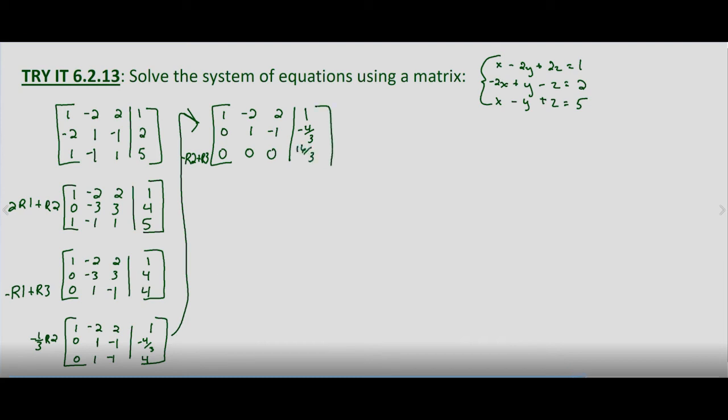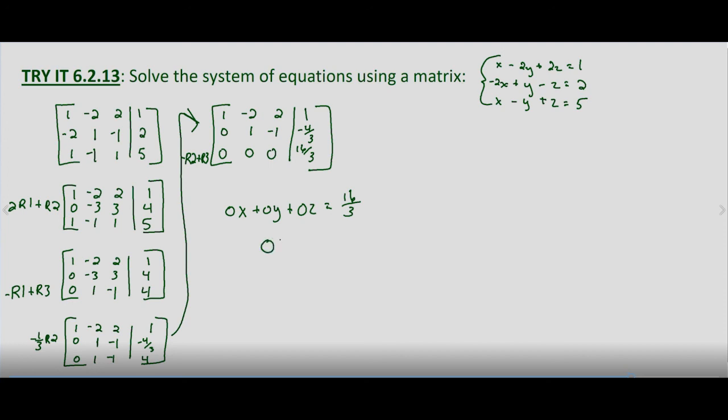But now we're looking at something that I referenced when we were looking at two equations and two unknowns. We have 0, 0, 0, 16/3. Well, what does that mean? That means that equation is now 0x plus 0y plus 0z equals 16/3. But 0 times x is just 0, 0 times y is just 0, and 0 times z is just 0.